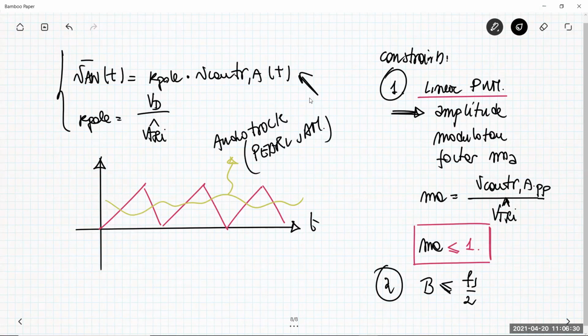This is an audio track, a signal, with bandwidth at most 22 kilohertz. If you are using a switching frequency higher than 22 kilohertz, say hundreds of kilohertz, then you can use this process to generate an audio amplifier.